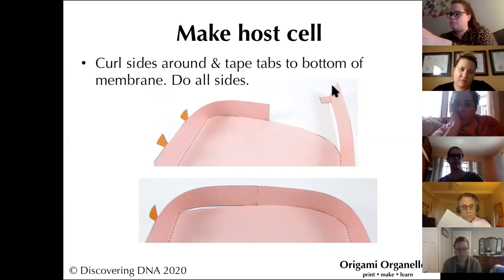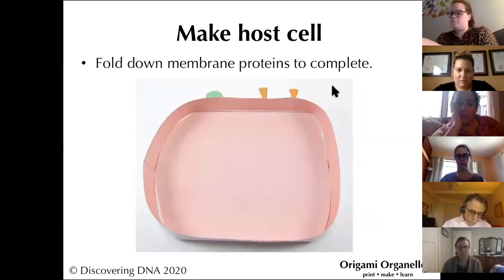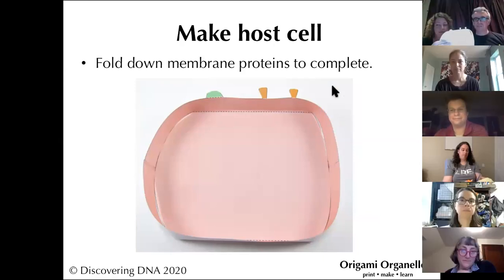So there we go. I'll continue talking whilst we're doing that. That will be what it looks like. And then you just fold down those proteins so they're sticking out on the outside of the host cell, as it will become shortly.